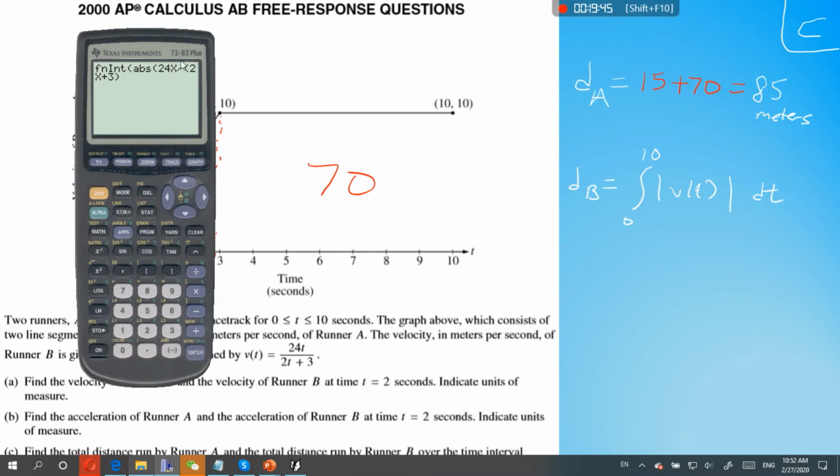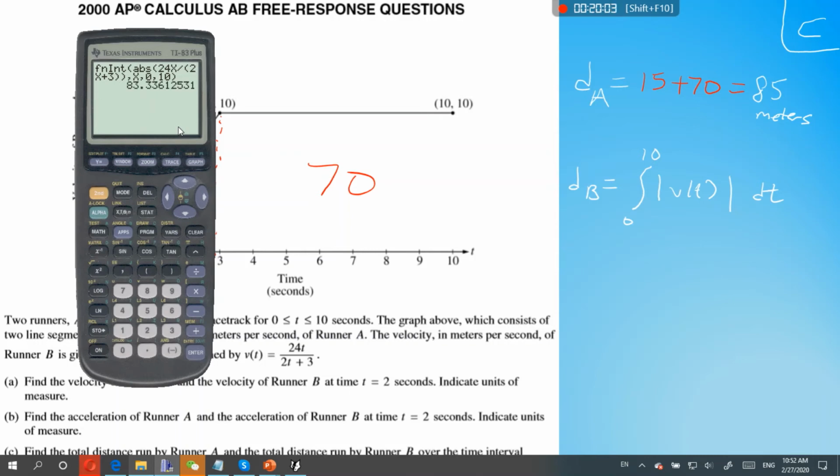Close one parenthesis for the bottom of the fraction, close one parenthesis for the absolute value. In terms of x from 0 to 10. And then that last parenthesis is closing the integral. Should give us an answer.